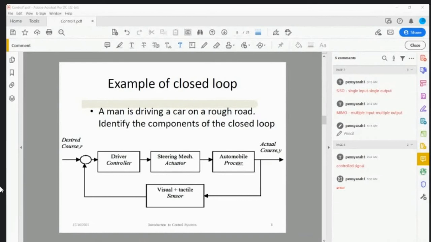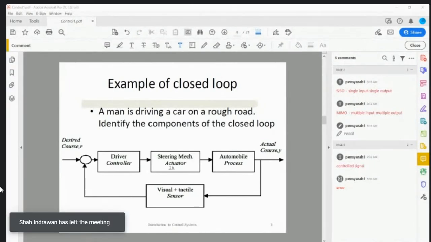We know a car will have more than one function. The process is to control the course of the car. The actuator is the steering mechanism, so you'll be able to control to the left or to the right by turning the steering of the car.